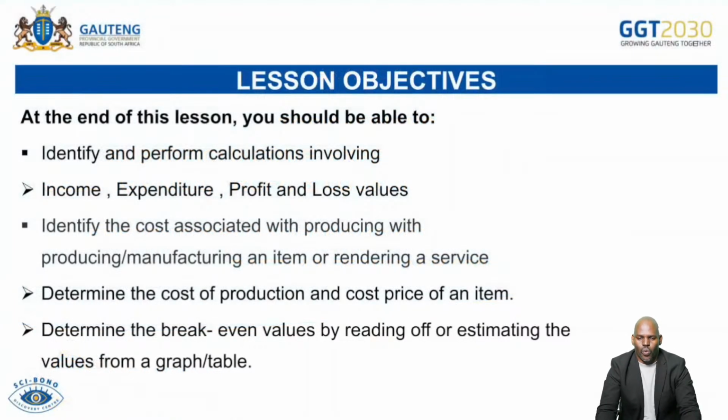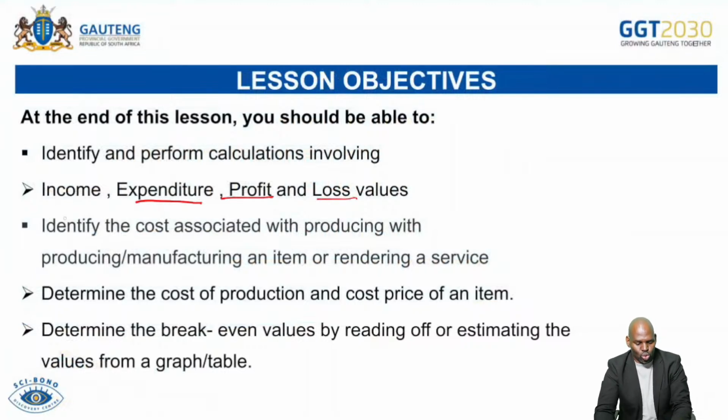Now, of course, with any lesson, we need to know what is our desire in this lesson. What will be the outcomes? What do we need to know by the end of each and every lesson or subtopic? In this case, we're going to focus on identifying and performing calculations involving income, expenditure, profit, and loss values.